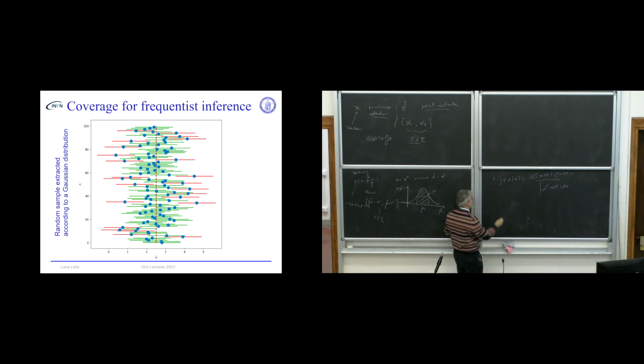So what is the maximum value of theta? The maximum value of theta is the value that maximizes the likelihood function. So imagine I take as algorithm the x hat equal the value which maximizes the likelihood function, okay?